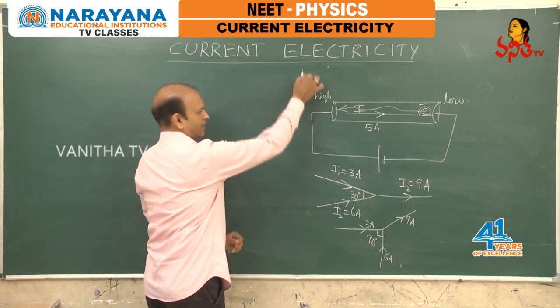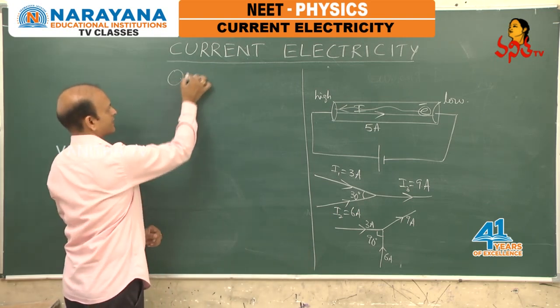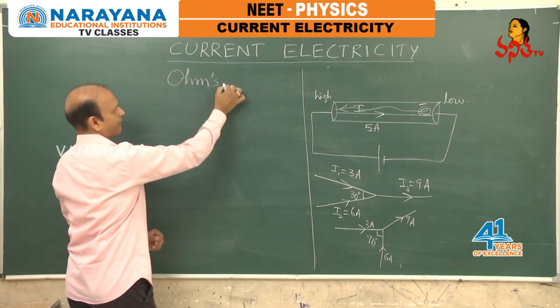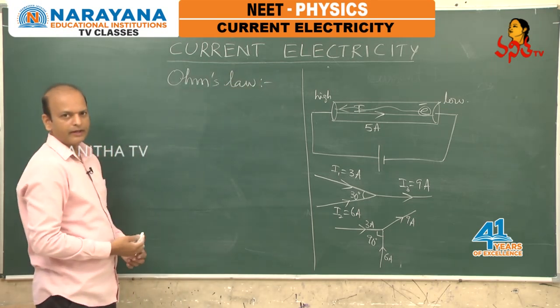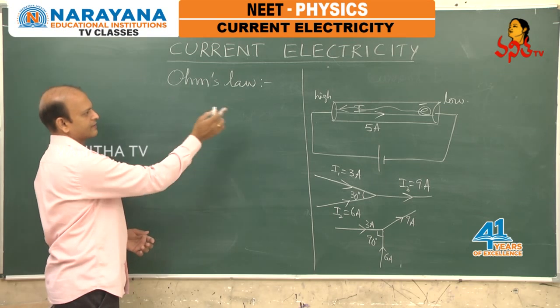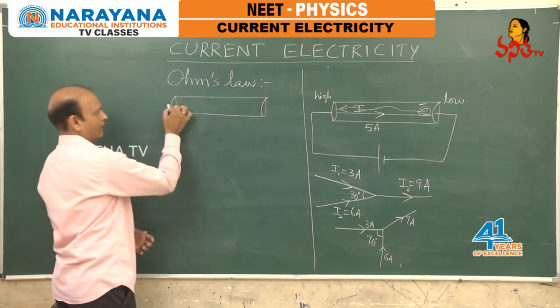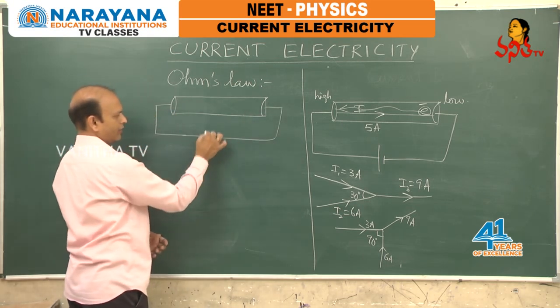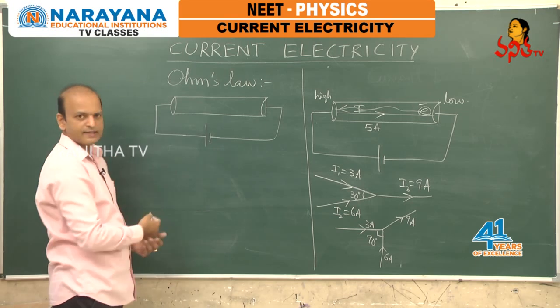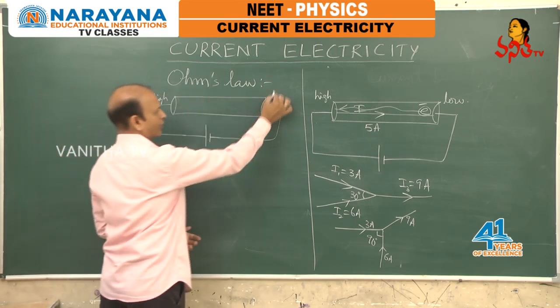Now, let us come to the important topic called Ohm's law. Here in this conductor, across its ends we apply a potential difference using a cell, high potential at one end and low potential at the other end.